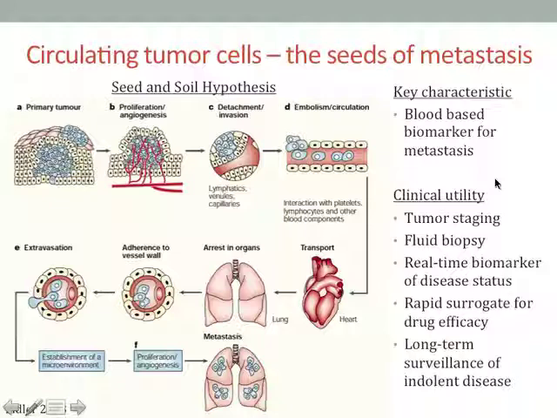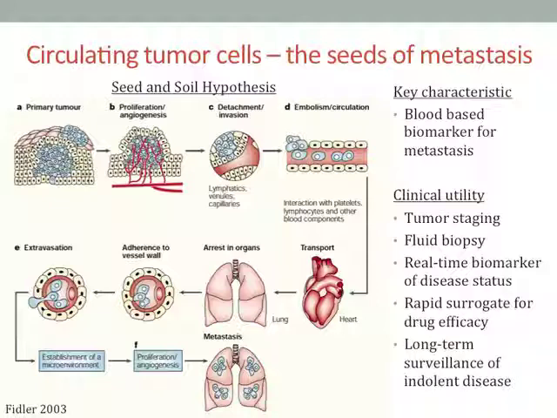You can look at it as a fluid biopsy of the original tumor, of a particular invasive population of the original tumor. It's potentially a real-time biomarker of disease status, and for folks doing drug discovery, it potentially gives you a very fast marker for drug efficacy.